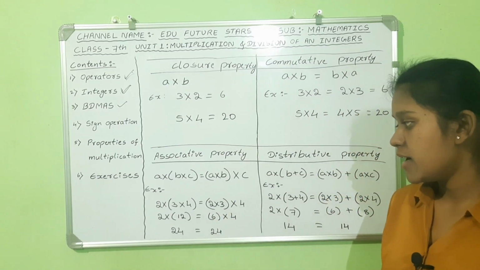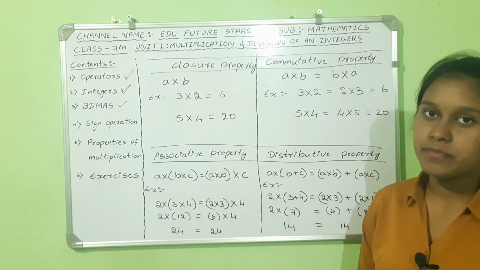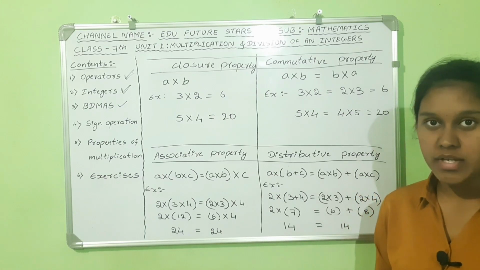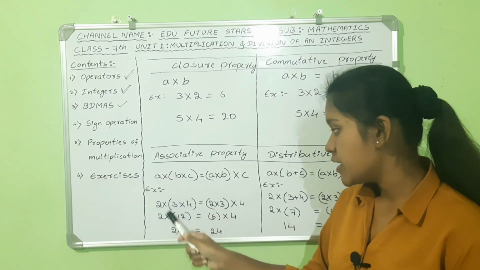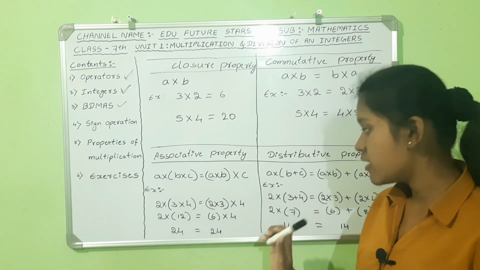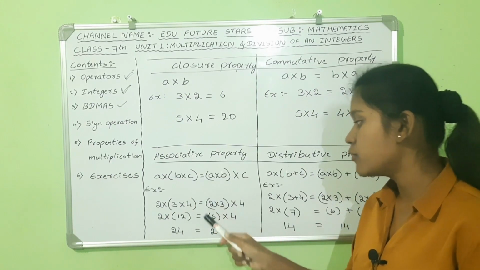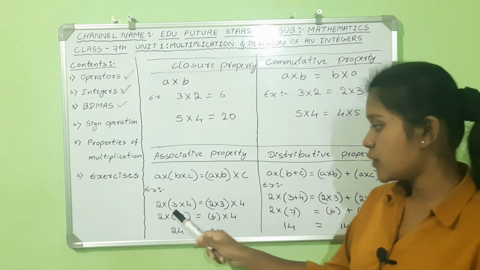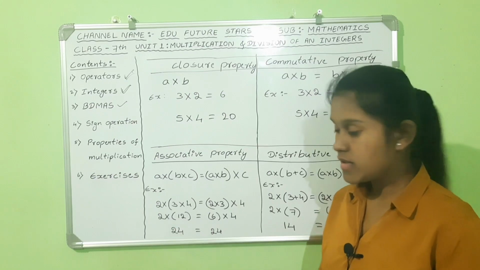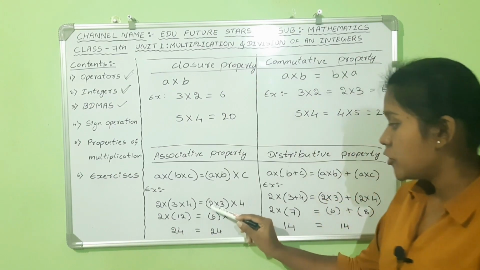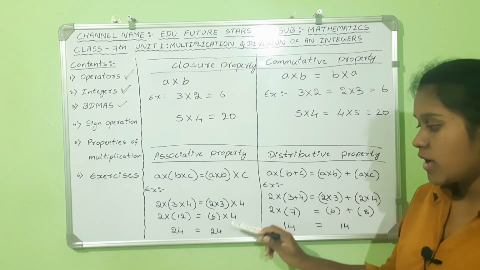On the right hand side, I grouped 2 and 3. This is just grouping of 2, solving 2 things at a time. Here I am going to solve the second and third terms, and on the right hand side, I am going to do the first and the second one. So here I did 2 as it is, and next 3 into 4 will be 12. 2 into 3 will be 6, 4 as it is.